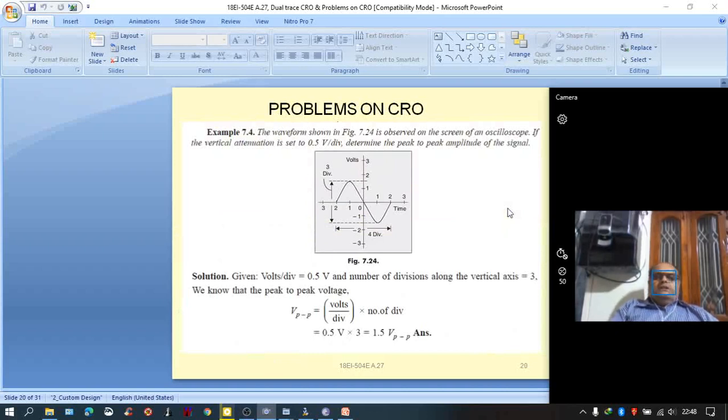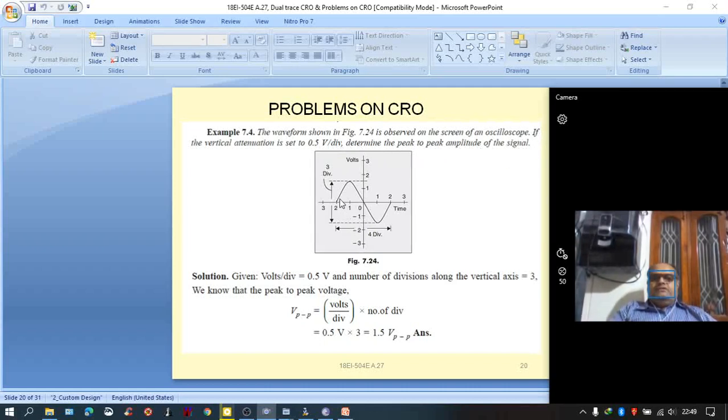Now, let us try to solve some simple example problems on CRO. First example: the waveform shown in figure 7.24 is observed on the screen of an oscilloscope. If the vertical attenuation is set to 0.5 volts per division, determine the peak-to-peak amplitude of the signal. Quite simple here.